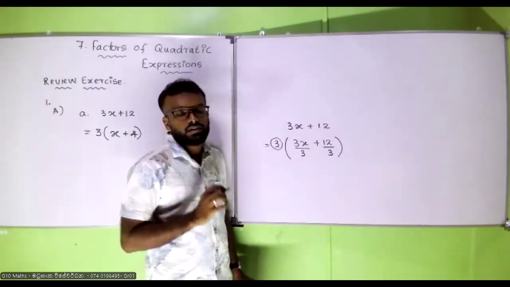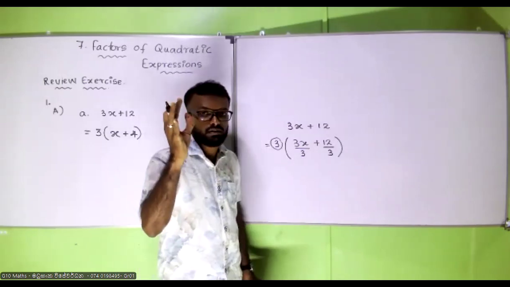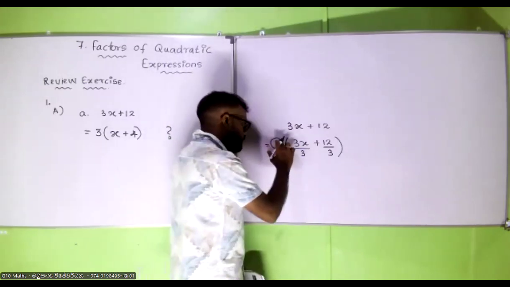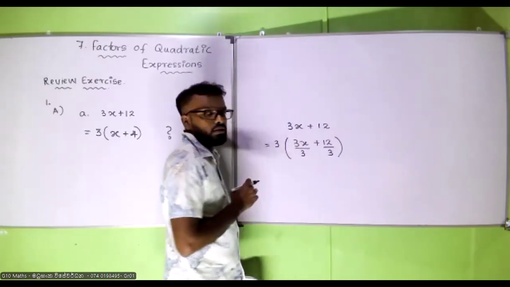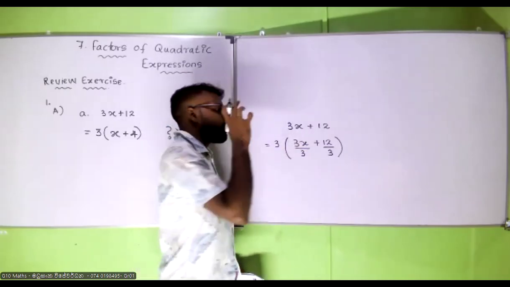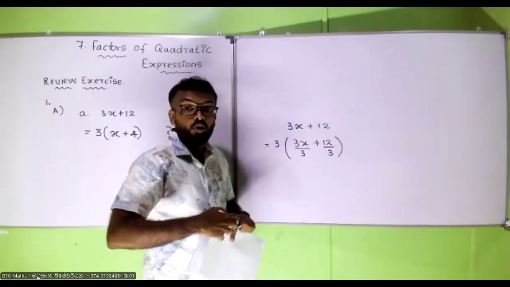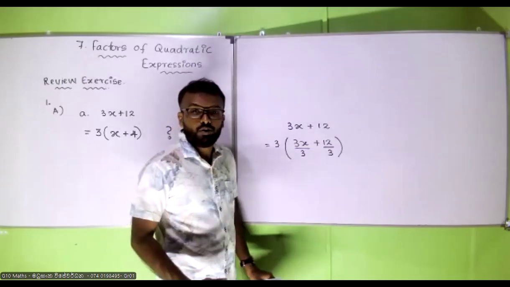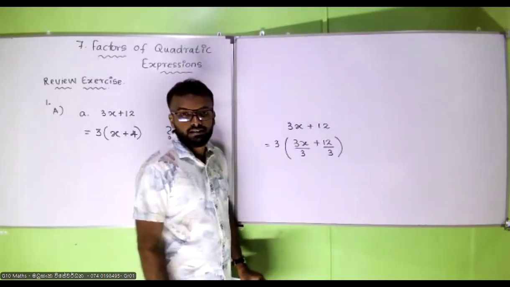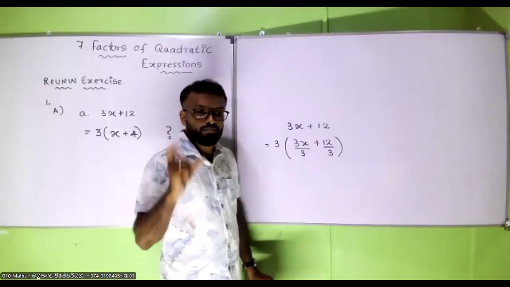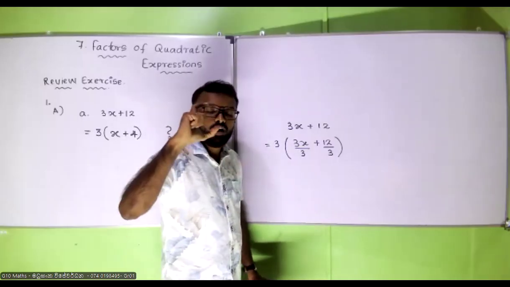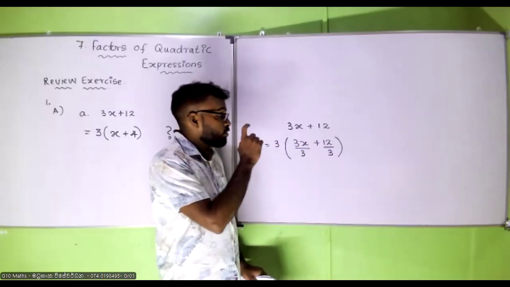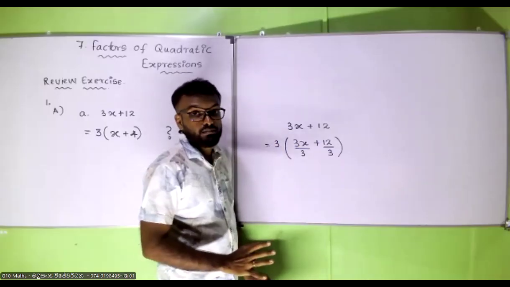That is the meaning of that. Keep that in your mind. If you are taking a particular common term out, this is the logic behind that. Yes, I know. But some of you might be here, those who have forgotten all this already.